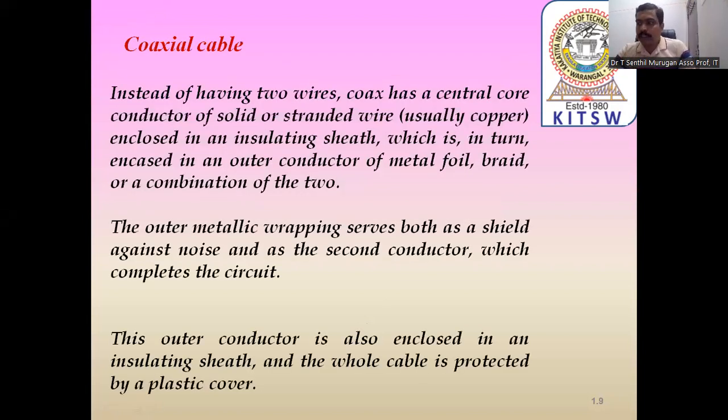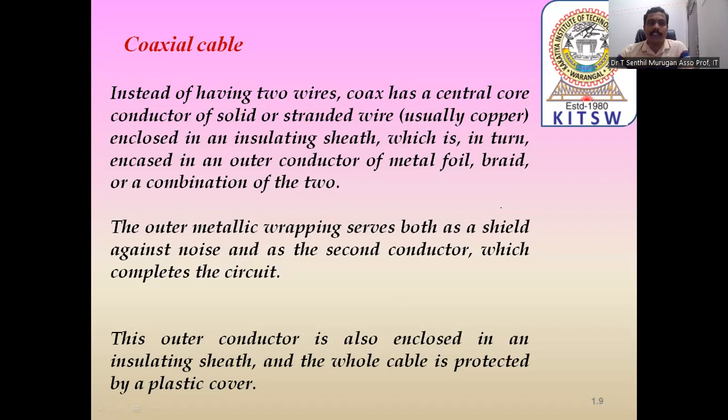Next type is coaxial cable. What is a coaxial cable? Instead of having two wires, coaxial has a center core conductor of solid or stranded wire, usually copper on the inner side. Normally we use it in our TV cable connection, a single wire comes.